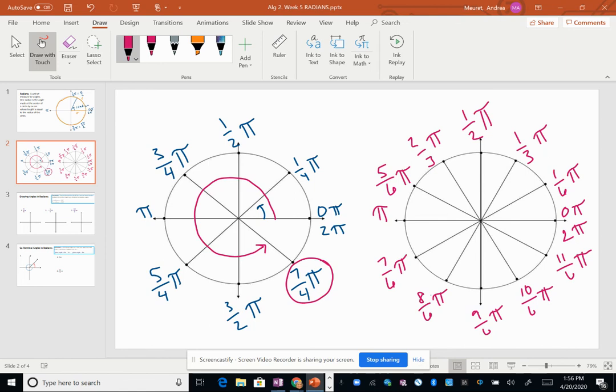Okay, and then going backwards, 8/6, that's equal to 4/3. And 9/6 is equal to 3/2. And 10/6 is equal to 5/3. 11/6 is all the way simplified, and then we're at 12/6 of pi or 2 pi.